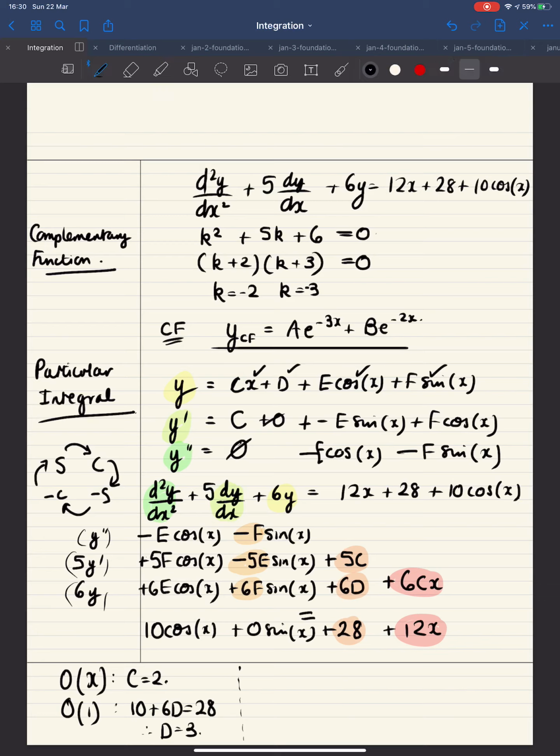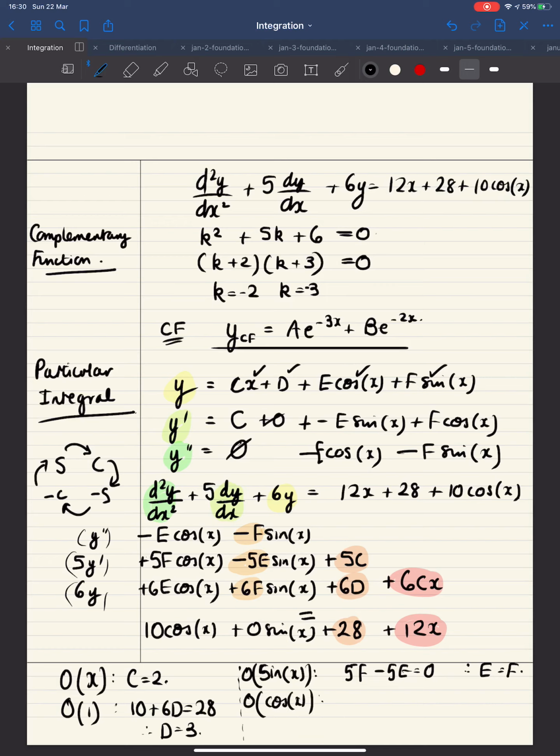So from the sine x terms we've got 5f minus 5e equals 0. So if we add 5e to each side and divide by 5, we end up with e equals f.